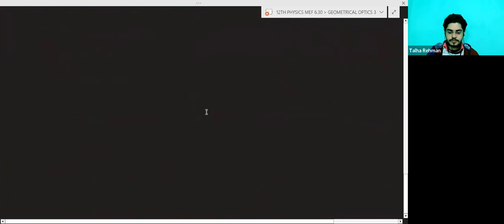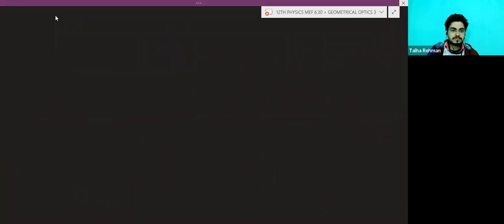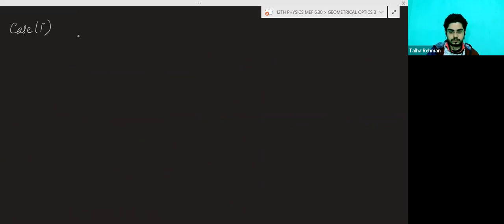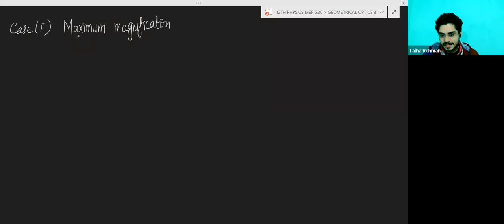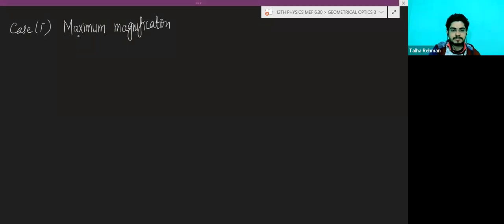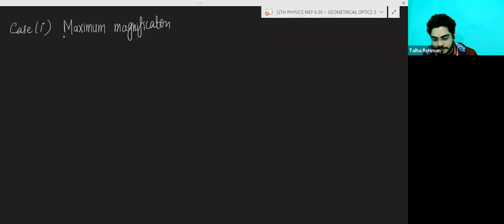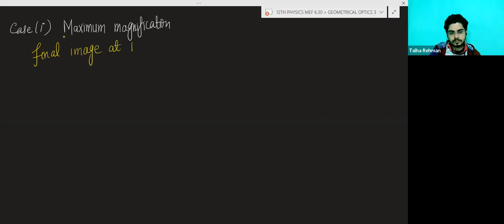Now we will discuss the maximum magnification, case number 1. For the maximum magnification, I told you the final image will be formed at a distance of capital D by the eyepiece lens.